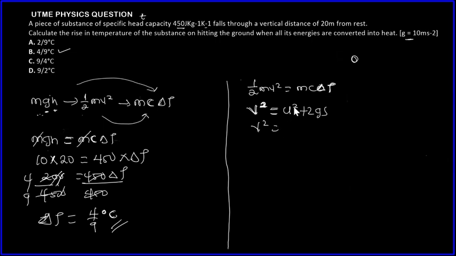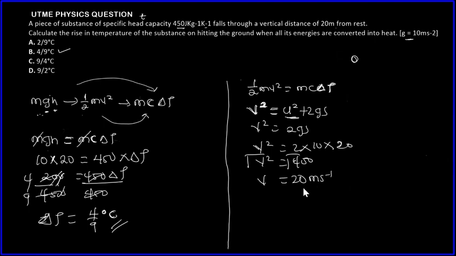The initial velocity is 0, so u squared is 0, and we just put it as 2gs. So we have v squared equals 2 times 10, which was given, times 20, which is the vertical distance. So v squared equals 400. To find v, take the square root of both sides. We have 20 meters per second, right?